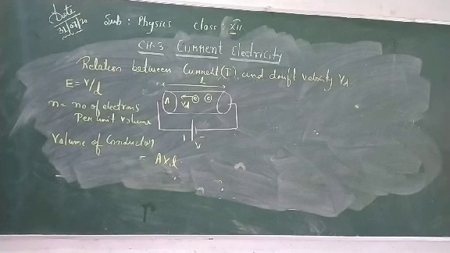It is not the total number of electrons, it is the number of electrons per unit volume, that is N. The volume of the conductor is A into L.